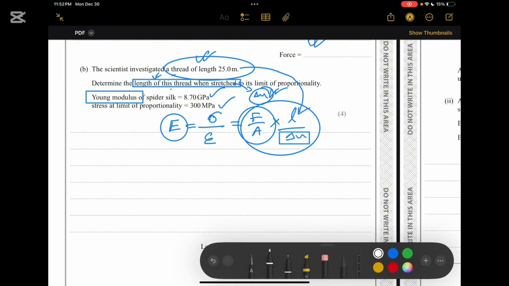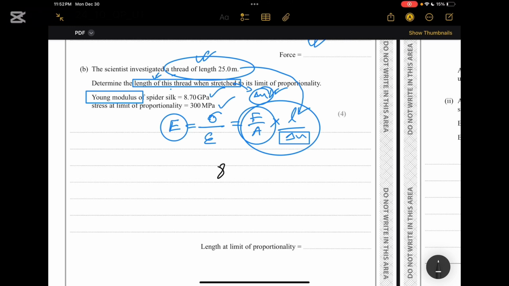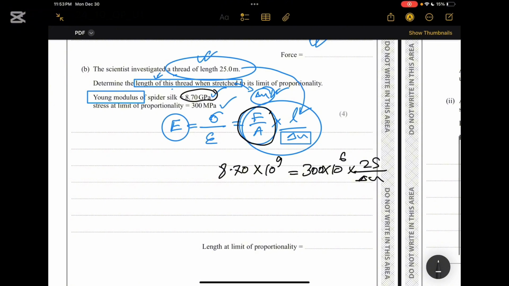So let's write it down here. We know the Young modulus is 8.70 into 10 to the power 9. It is gigapascal, so 10 to the power 9, is equal to the stress, which is 300 into 10 to the power 6, which is megapascal, into the length, which is 25, divided by the del x. This whole force per unit area is our stress. So here the del x will be 0.86 meter.